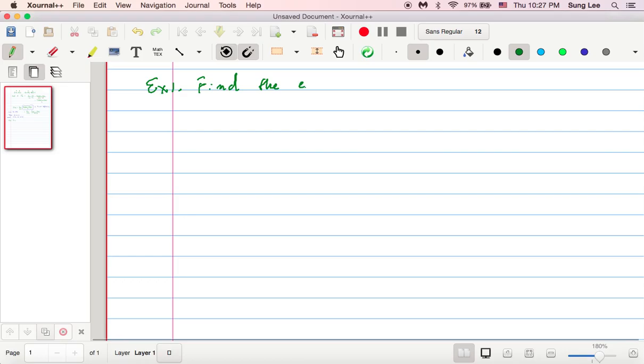Find the equation of tangent line to y equals x squared at x equals 2. Okay, let me actually change y to f of x.